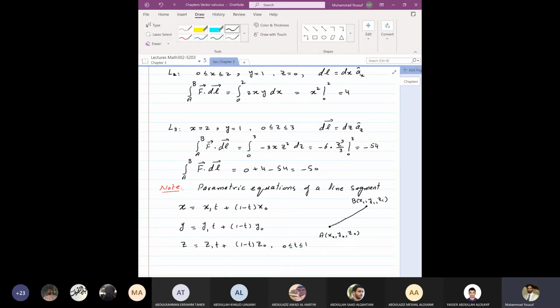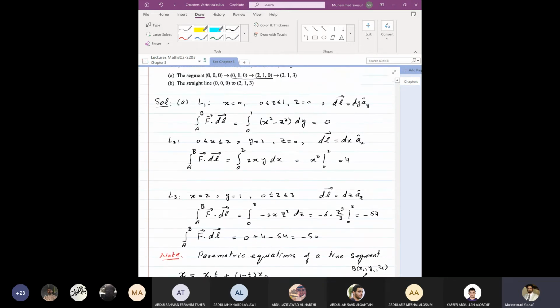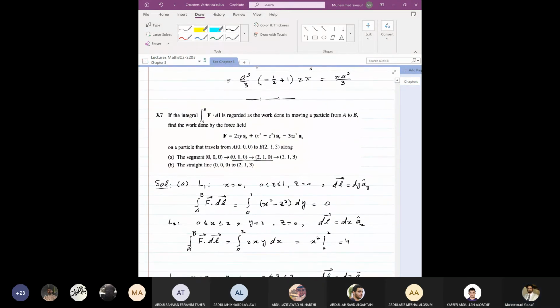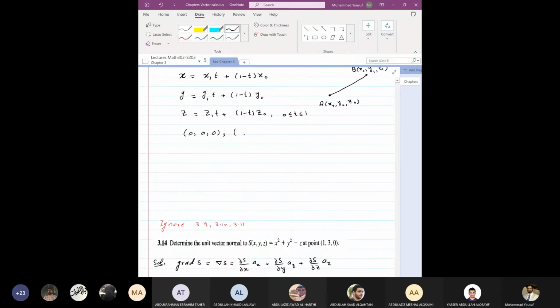When we get t equal to 1, we get the other point. So now what we have is 0, 0, 0, let us call this the starting point, and 2, 1, 3.